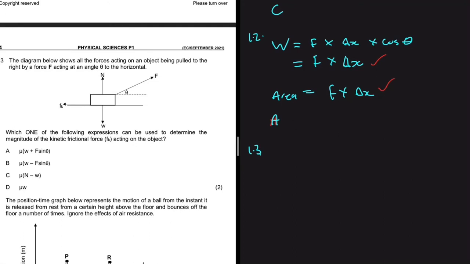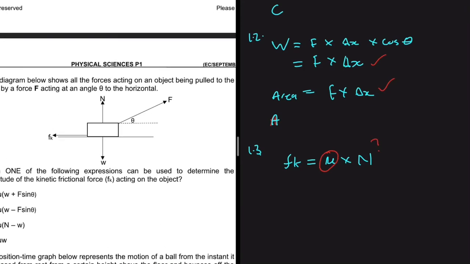So we know fully well that the kinetic frictional force will be equal to the coefficient of the friction multiplied by the normal force. Nothing is said here about the coefficient of the static friction, right? So it will just remain as it is. So what we are essentially doing in this question is finding the normal force. Can you find the normal force when the diagram is like this?